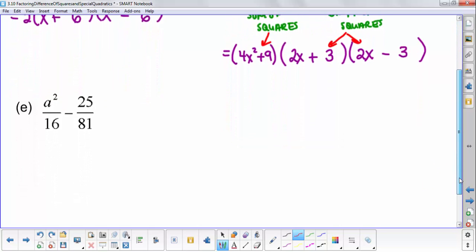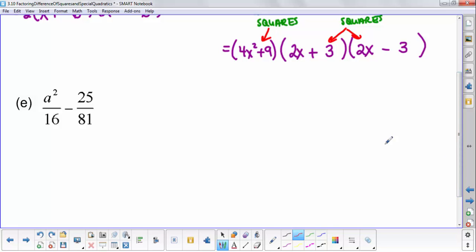Okay, and the last example on this page, although there are fractions, each numerator and denominator is a perfect square, separated by a minus sign. So, nothing to common factor out. So we will open up two sets of brackets. Now we'll square root the first term.